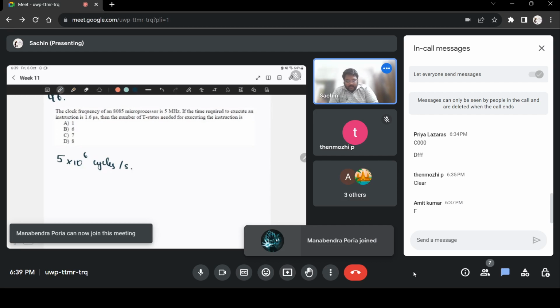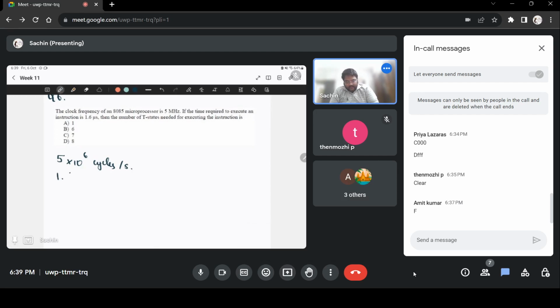And then the time required to execute an instruction is 1.6 into 10 power minus 6 seconds per instruction. Micro is 10 power minus 6. And what they are asking is the number of T states. That is the number of clock cycles per instruction.